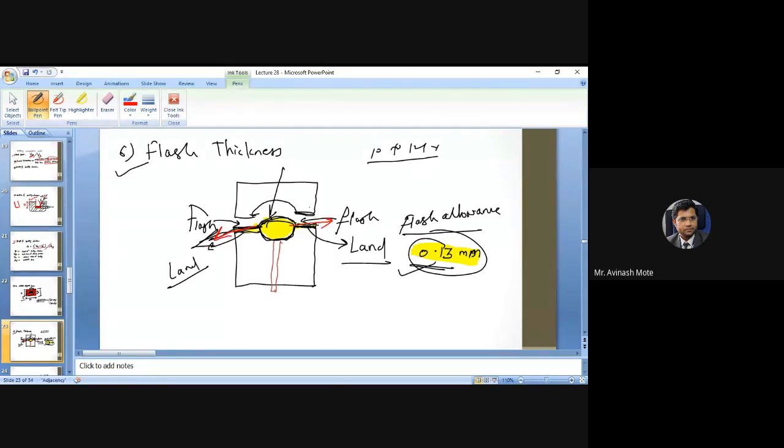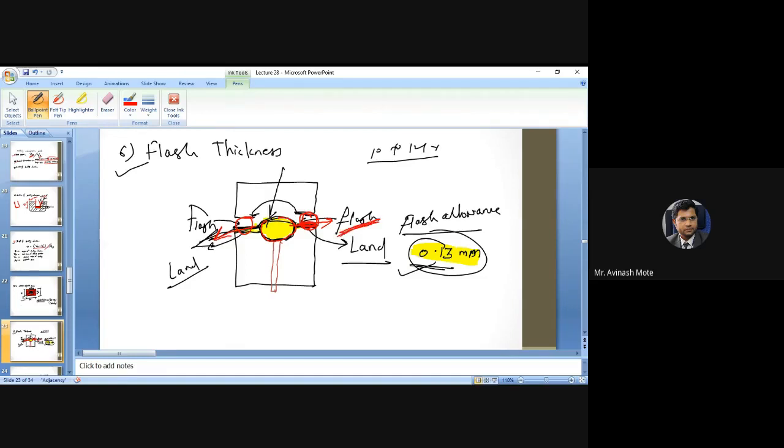So this material will be trapped on this land surface and compressed on this land area. Actually it is required to compress in this area only, but it is getting compressed here. So this extra material which is getting compressed over the land surface is called flash.